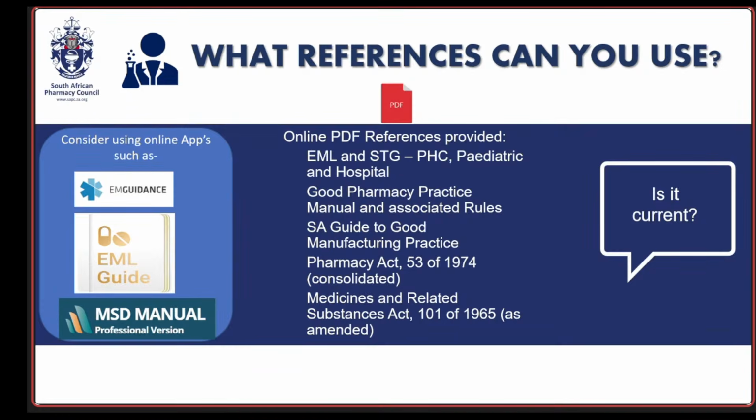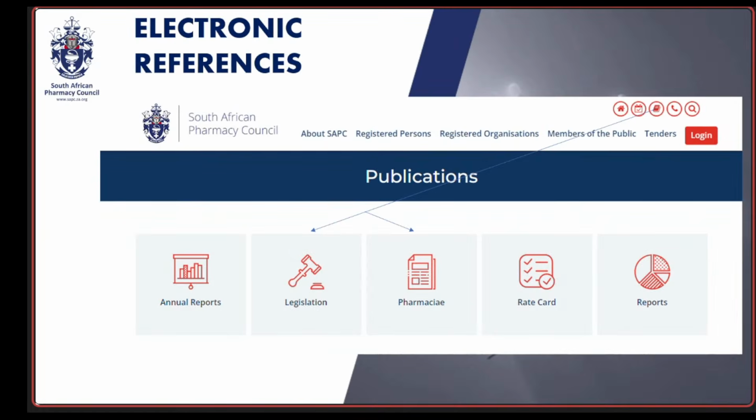As you see, it's published in 1974, but with the changes in our profession, there are many amendments to that act. Make sure that you are on par with what is happening in our profession, and the same with the Medicines and Related Substances Act, that you know what the new regulations are, that you use the current information.